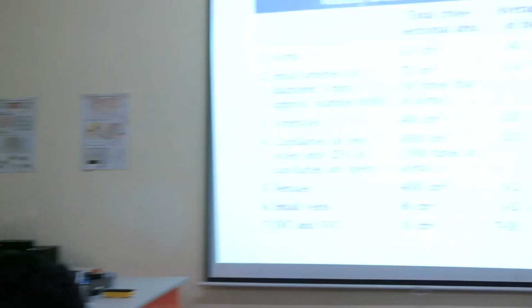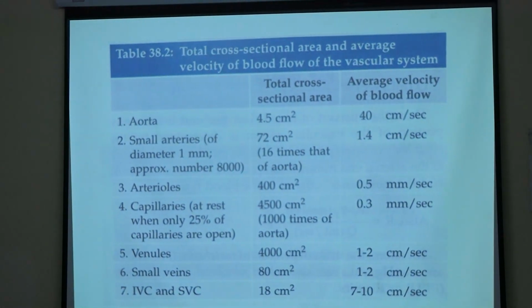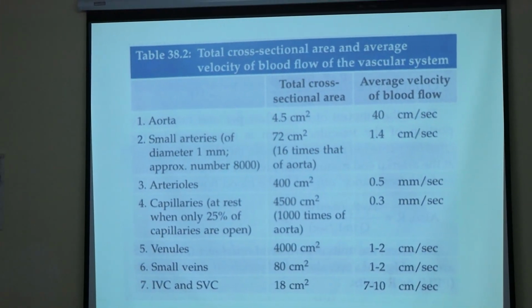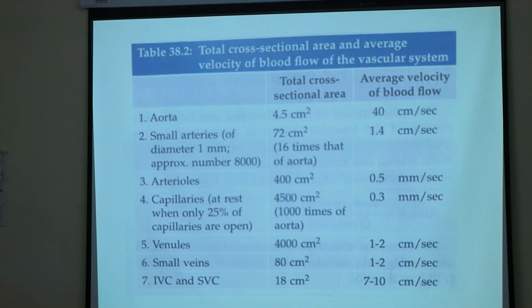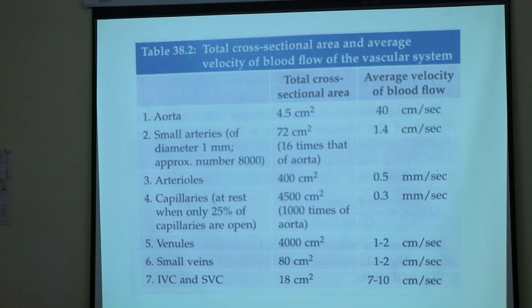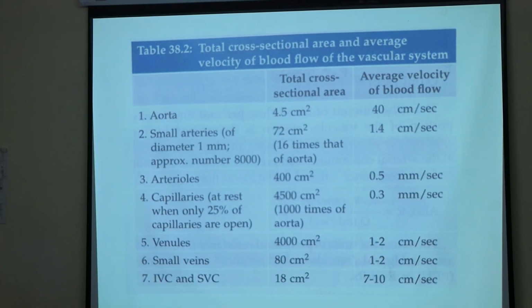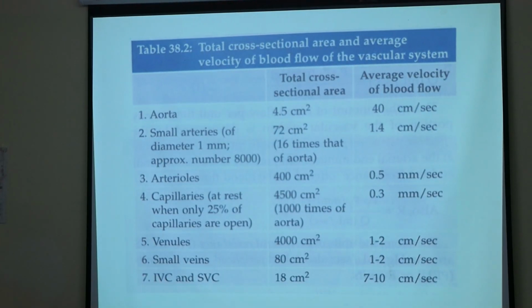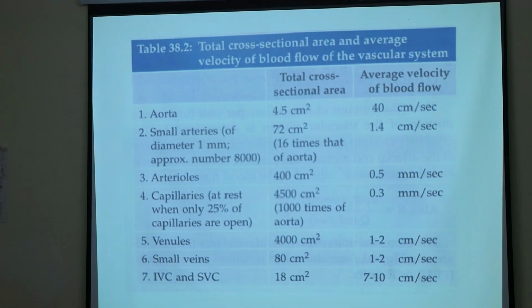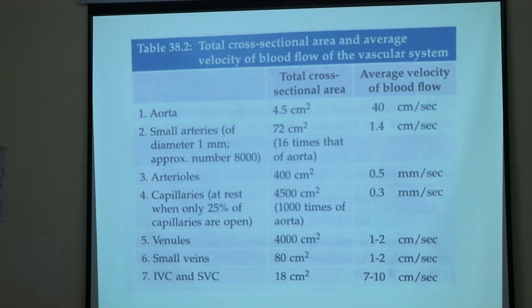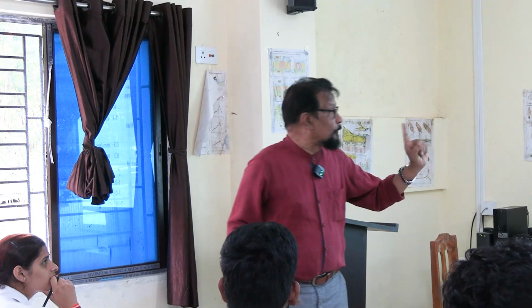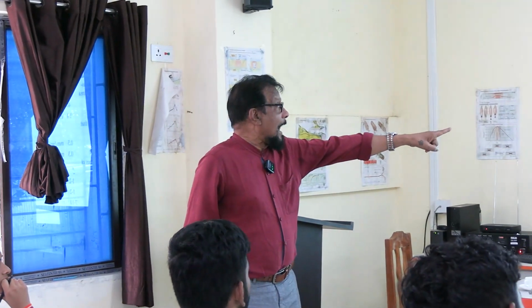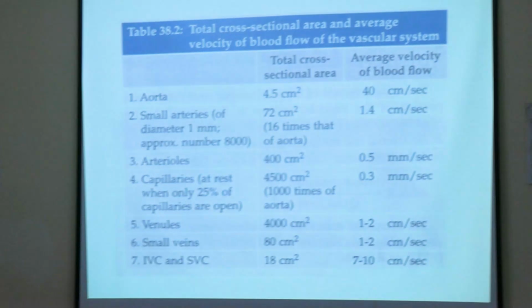See, in the aorta, the cross-sectional area is 4.5 centimeters square. And in the capillary, this is the total cross-sectional area, not a single one. If you sum all the cross-sectional areas of all the capillaries, you will find it is about 4,000, about 1,000 times that of the aorta.